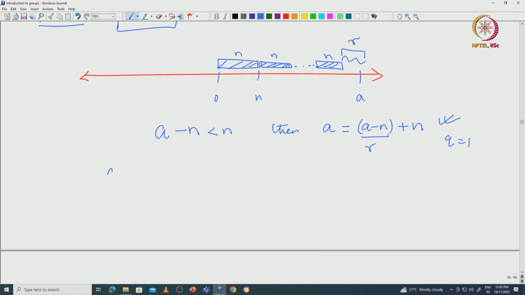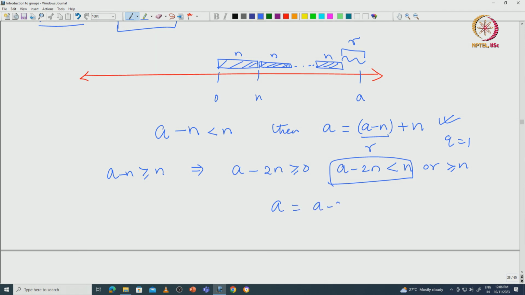But what can happen? A minus n could be bigger than n. In that case, you can subtract one more time and see what happens. So A minus 2n will be greater than or equal to 0, and then you see whether A minus 2n is less than n or greater than or equal to n. If it is less than n, then you write A equal to (A minus 2n) plus 2n, the quotient becomes 2 and the remainder becomes A minus 2n.